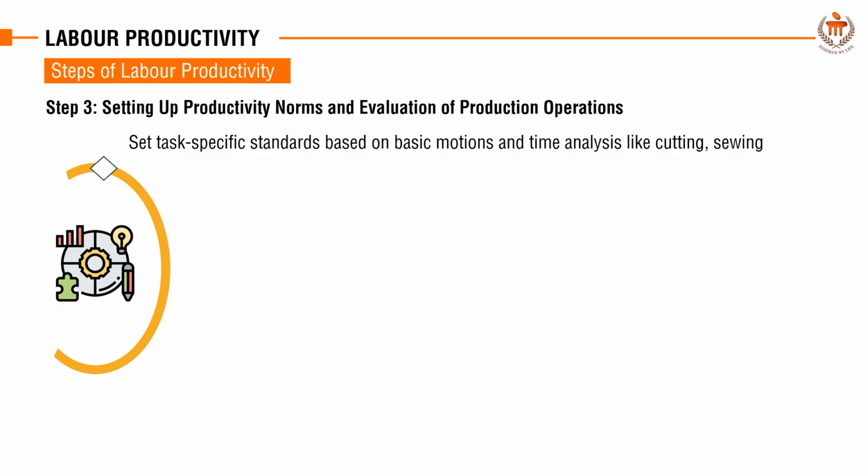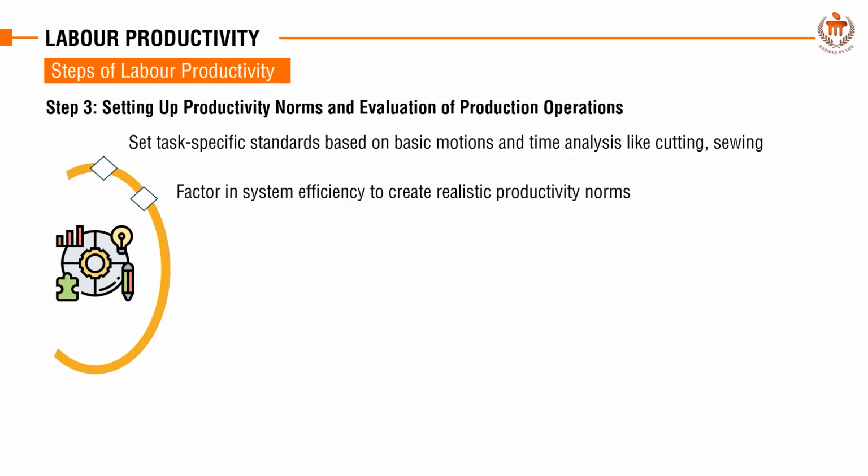For example, in a textile manufacturing facility, norms might be set for various tasks such as cutting fabric, sewing, and quality inspection, with each task analyzed for its fundamental motions and the average time needed to complete them. This approach helps in ensuring that the expectations are realistic and achievable.